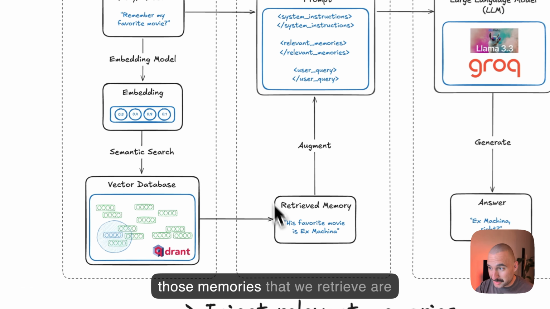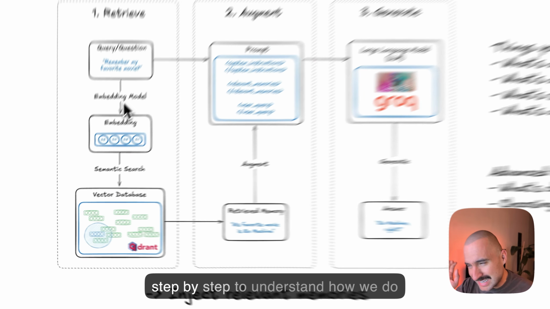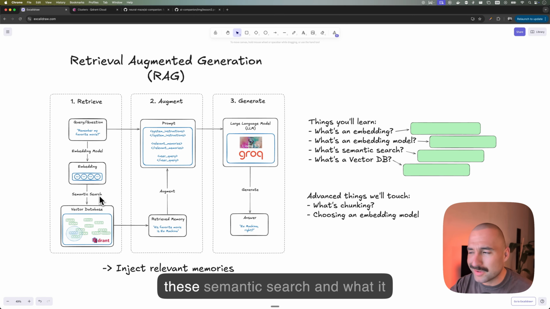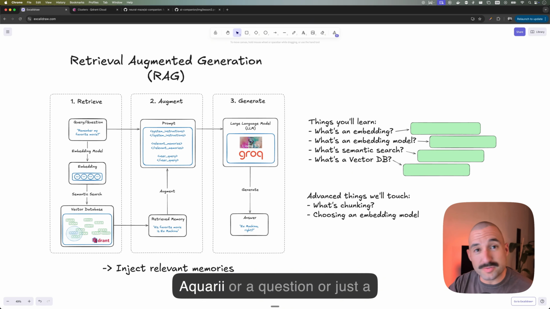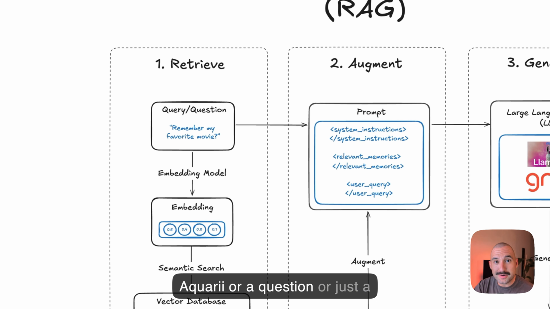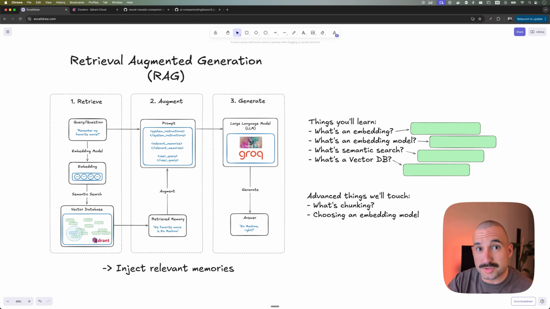Those memories that we retrieve are the result of doing something called semantic search. Now let's go step by step to understand how we do this semantic search and what it actually means. First of all, we have just a query or a question or a sentence that is just a string, plain text.